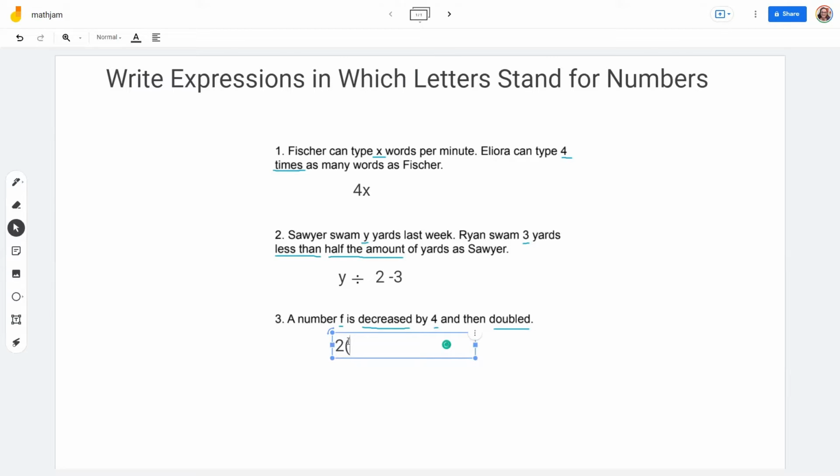So parentheses and then F minus 4. There it is right there. That is if a number F is decreased by 4, this right here in the center, and then doubled. So that's 2 times F minus 4.